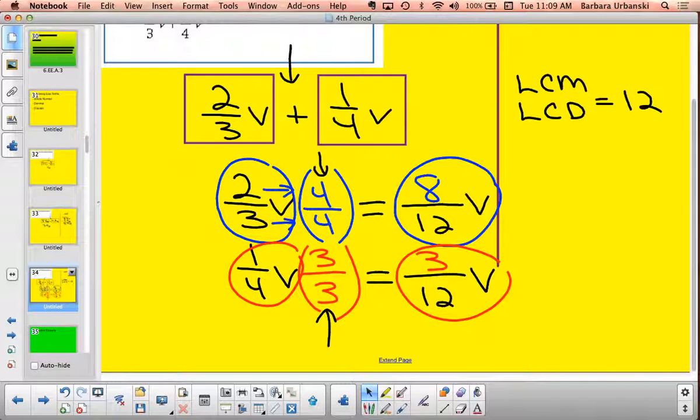And the same holds true with your second fraction. Now we're able to add because we have a common denominator. And so if I have 8/12 v and I add 3/12 v, I would have a total of 11/12 v. And that would be my sum. And that's it.